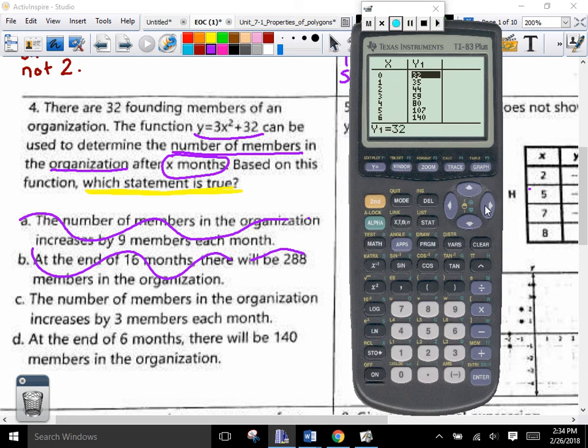Right here, from 32 to 35 members. So it increased by 3. Yes. Then it increased by 9. And then it increased by 15. So no, the organization is not increasing 3 members each month. So we can cross that one out.